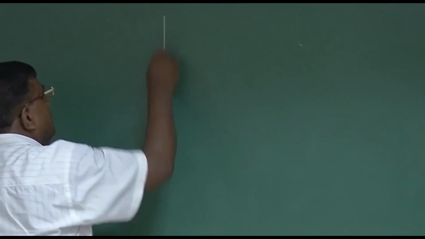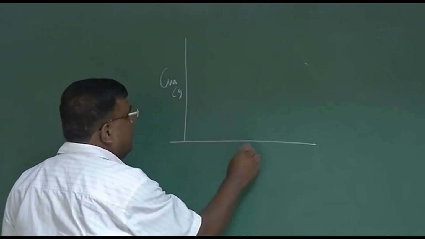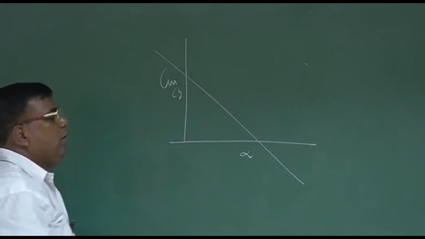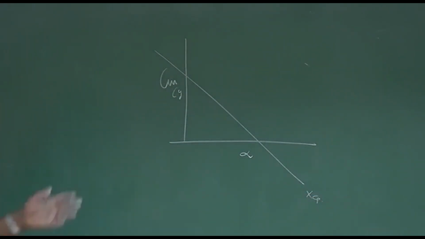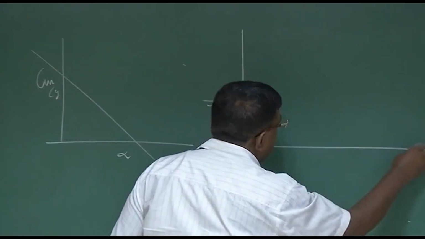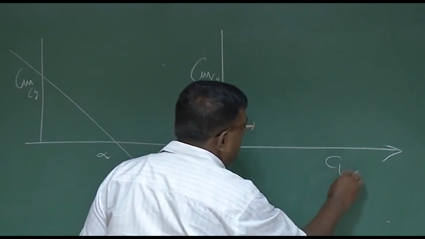So far we have been drawing CM, CG versus alpha. This is a case for a particular CG location. Now I can easily translate this into an equivalent graph, CM, CG versus CL.